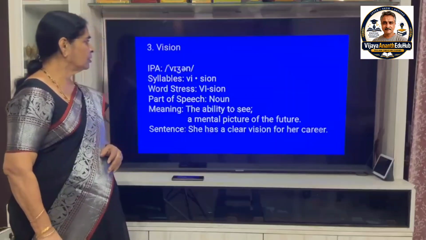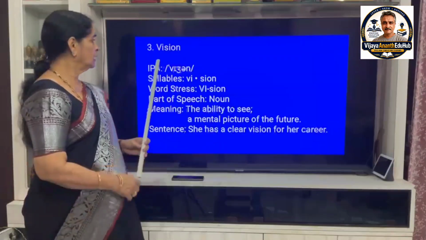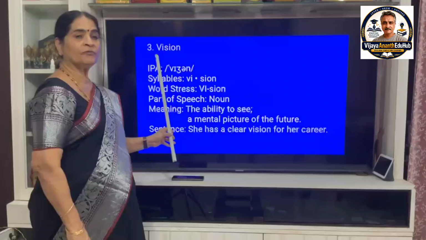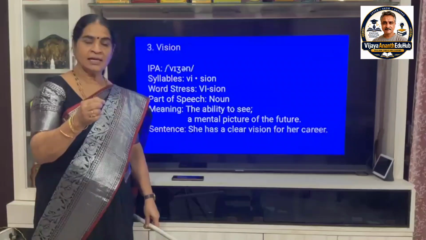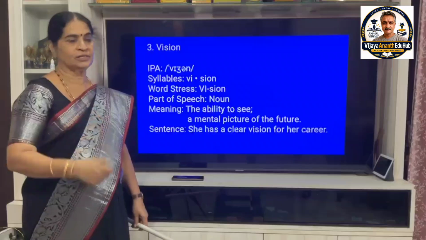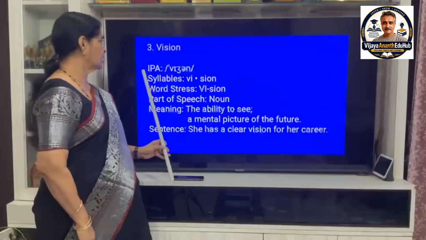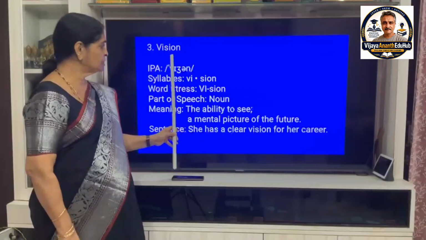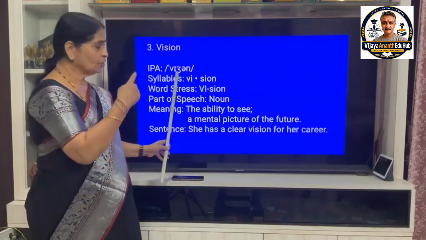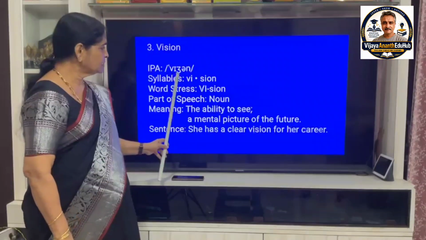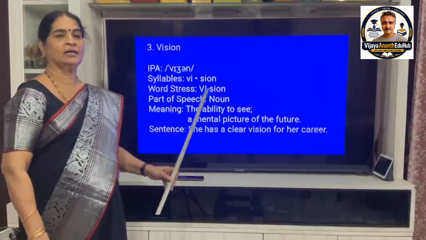Third one, vision. Here also the root vis is taken, but the za sound is slightly changed. You can observe this. Vision. You can look at this symbol. It sounds as ja.